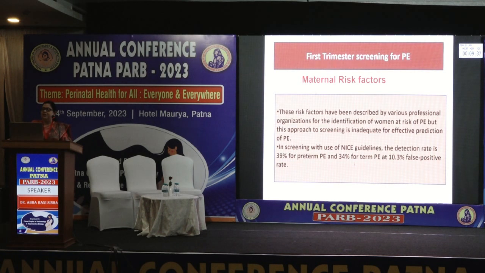Now these risk factors have been described by various professional organizations for identification of women at risk of PE, but this is not very effective.